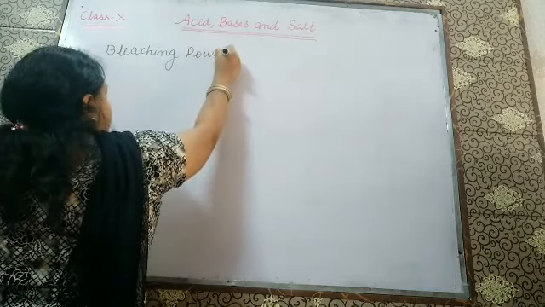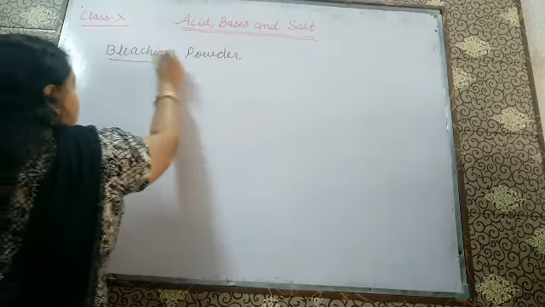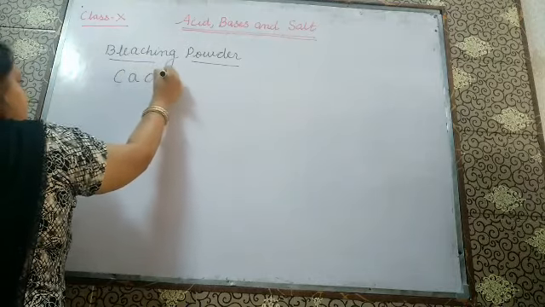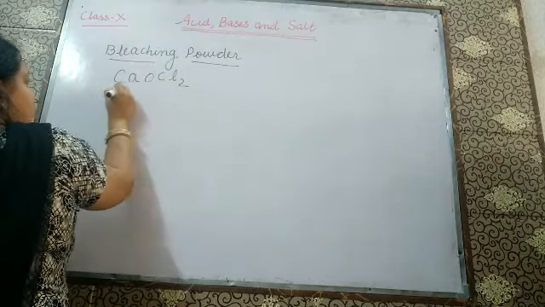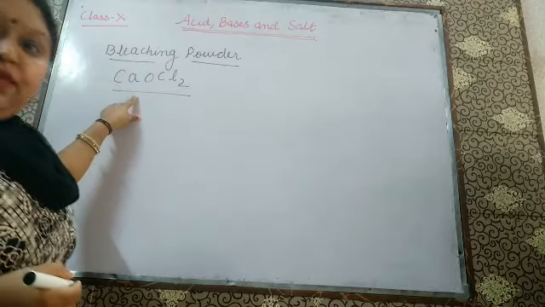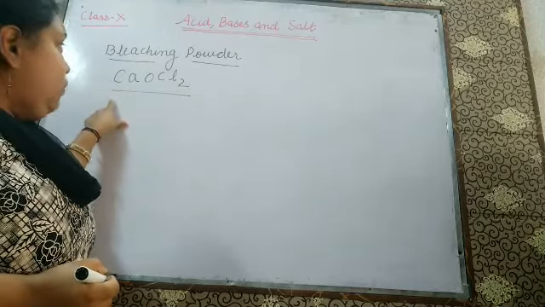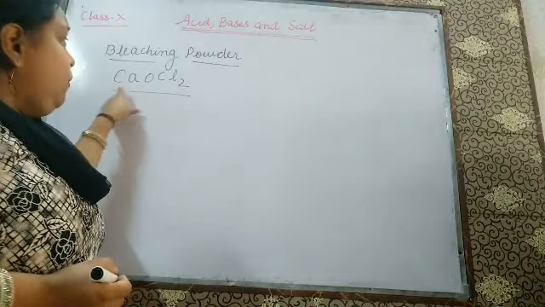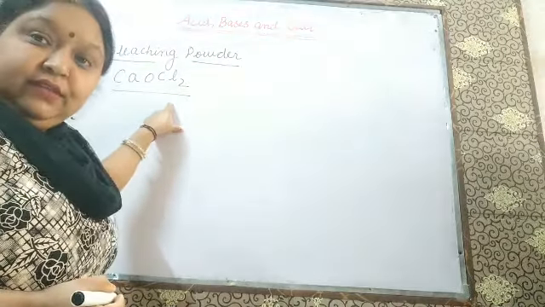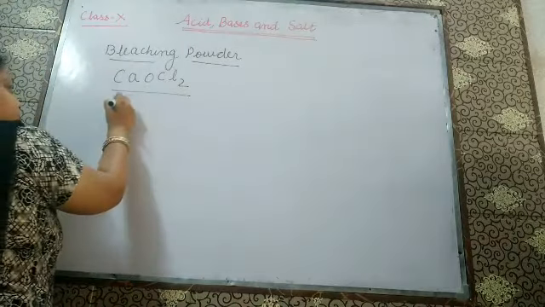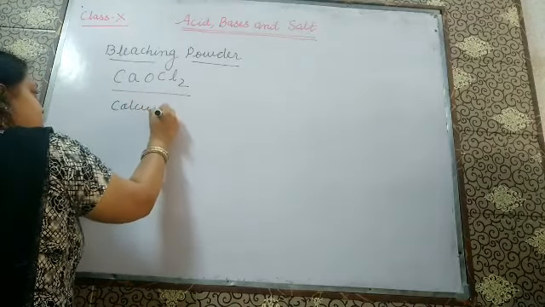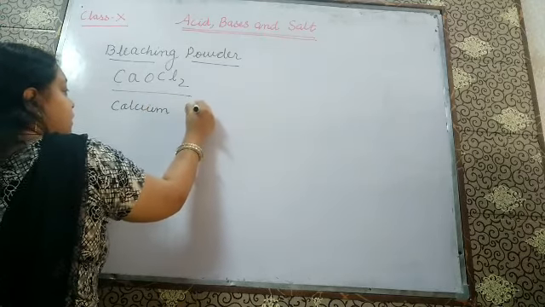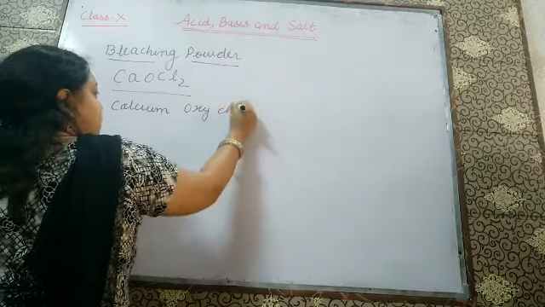This is the general name of CaOCl2. What is CaOCl2? Ca means calcium, O means oxy, Cl2 means chlorine. So the name is calcium oxychloride.